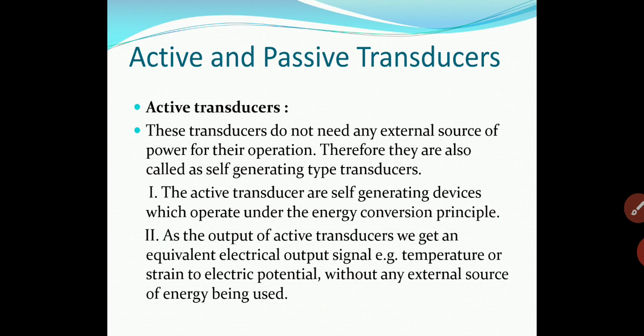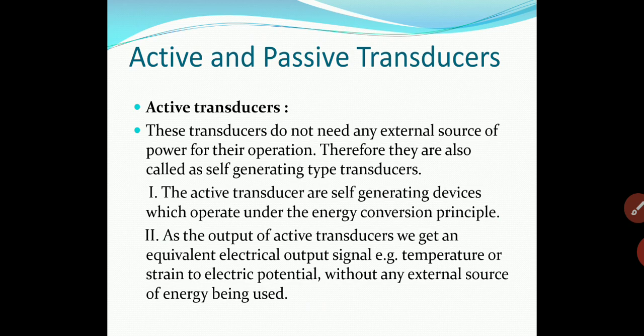As we can say, active transducers are the transducers that do not need any external source of power for their operation. Therefore, they are also called self-generating type transducers. The active transducers are self-generating devices which operate under the energy conversion principle.